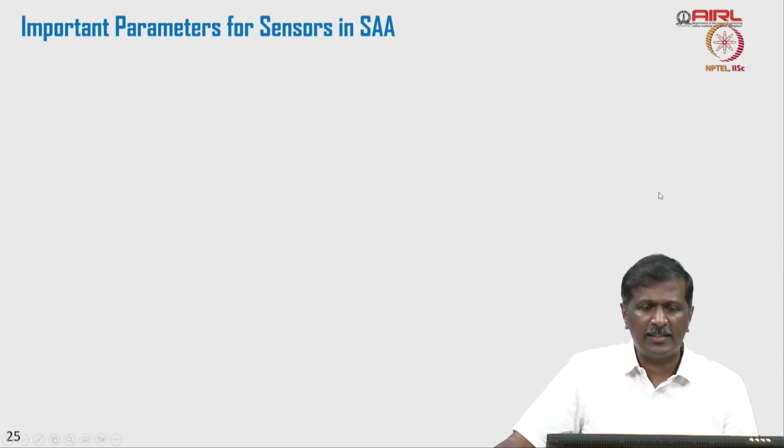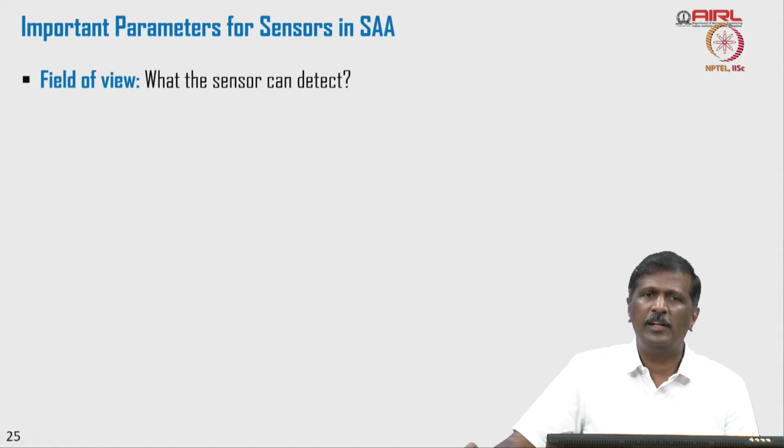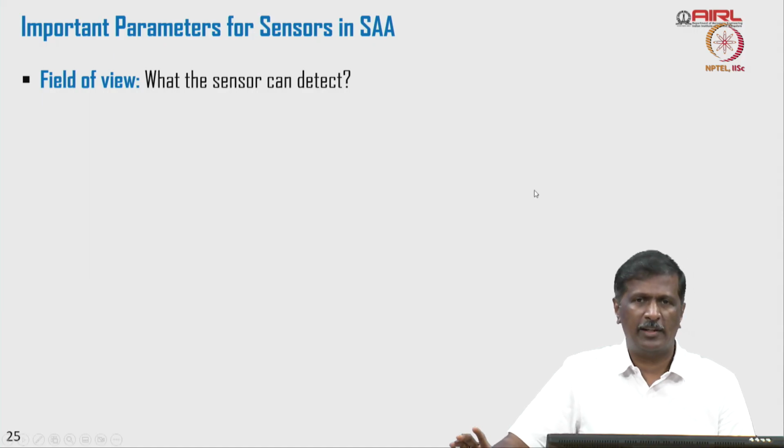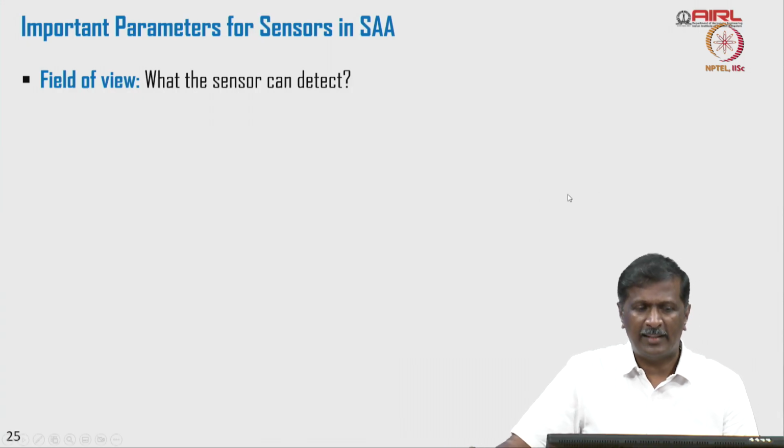Now, what are the parameters for SAA? What can the sensor detect, right? That depends on the field of view. What is your field of view? You are talking about 60 degrees or 90 degrees, 120 degrees or 360 degrees, right? That's the field where I can detect my targets.